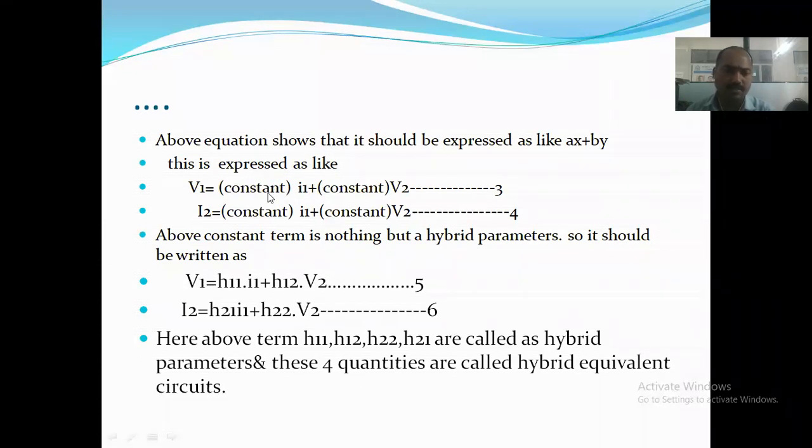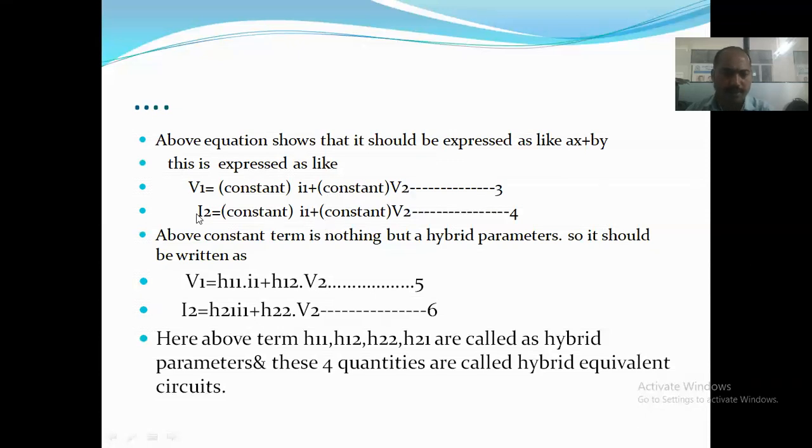So V1 equal to h11 I1 plus constant into V2, right? Now h is already there, but this h is for voltage V1 and voltage V2. That's why here h12, right? So here h11, here h12. So the equation is nothing but h11 I1 plus h12 V2.